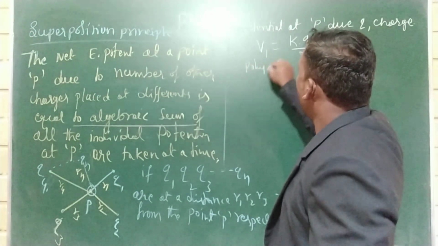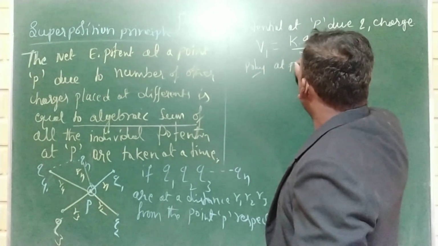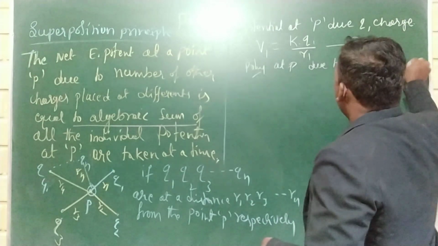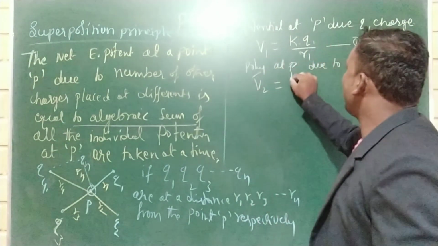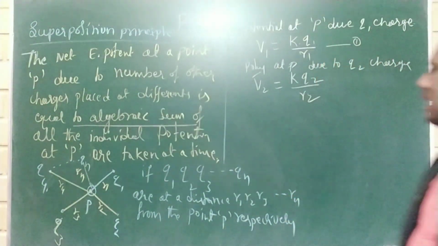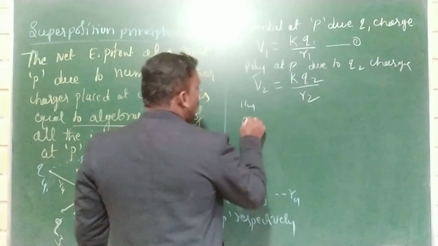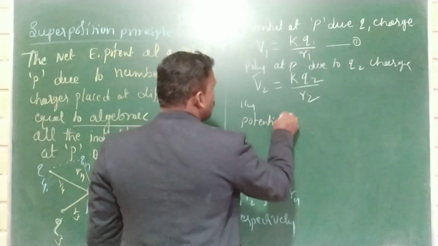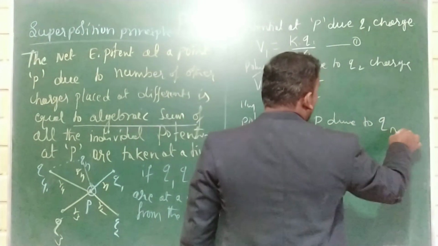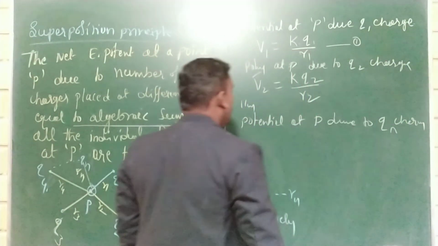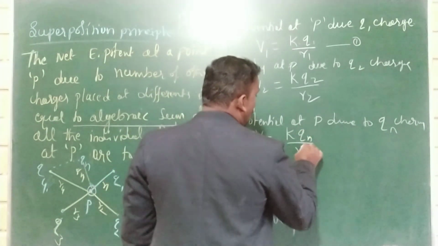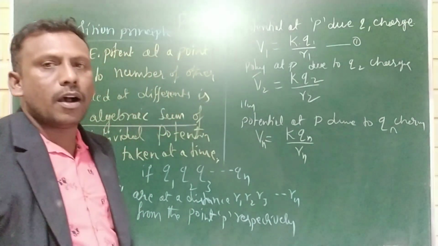Similarly, the potential at P due to Q2 is V2 equal to KQ2 divided by R2. Similarly, the potential at P due to Qn is Vn equal to KQn divided by Rn.